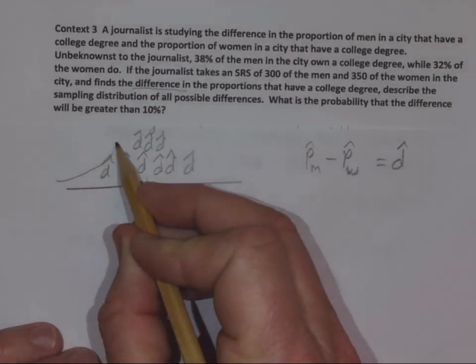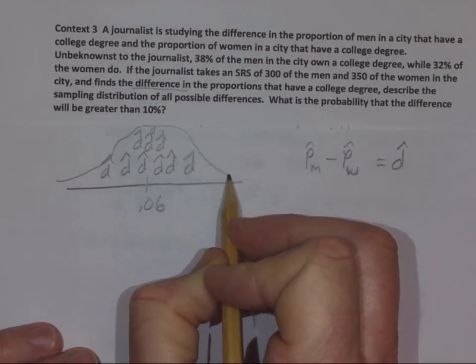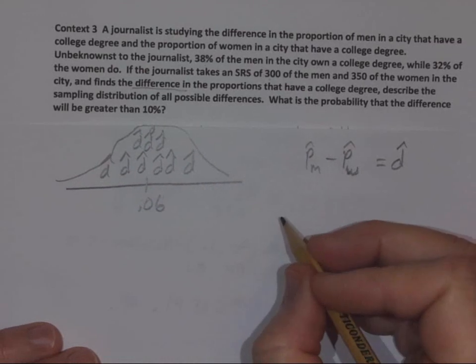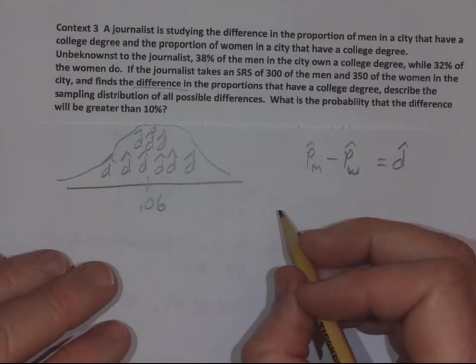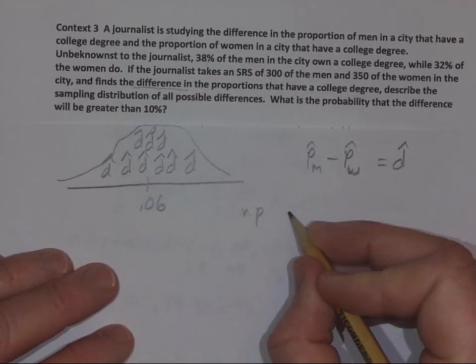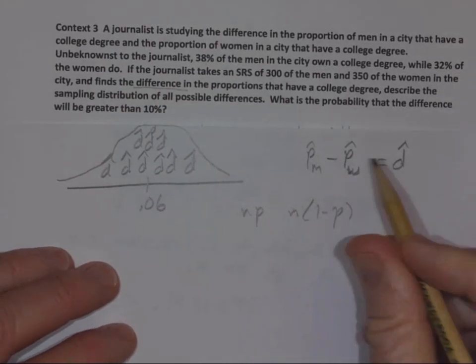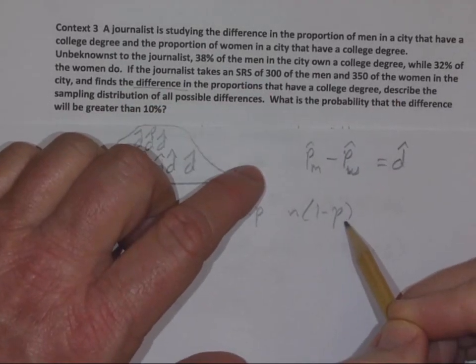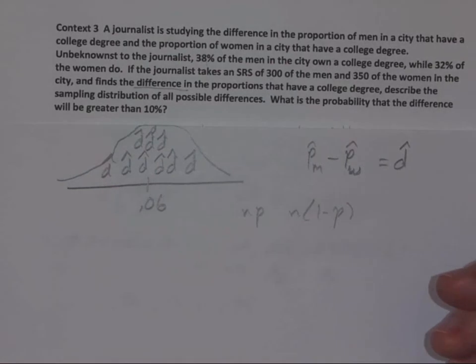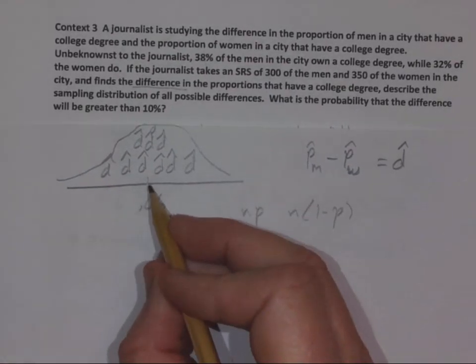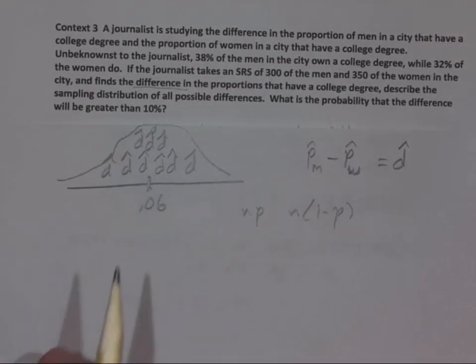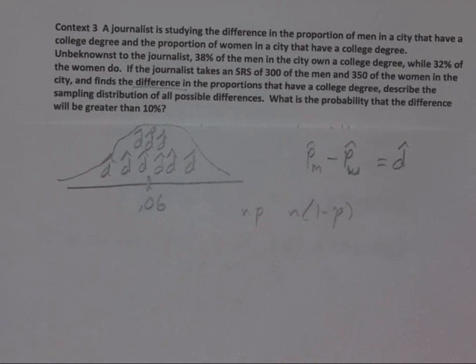And this sampling distribution will be approximately normal as long as n times p and n times 1 minus p for both of the samples are greater than 10. The mean will be centered at the difference. And then the standard deviation.